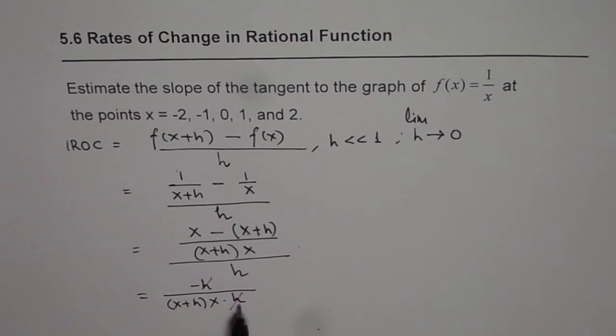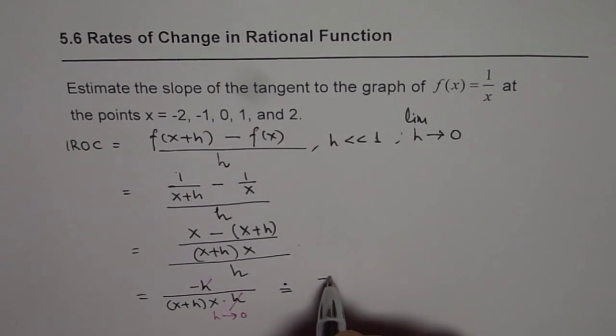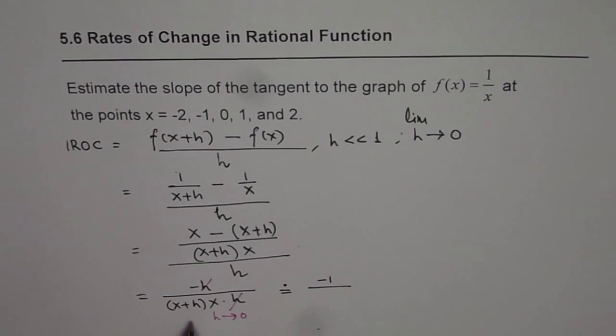Now, since we have cancelled out h, and we know h approaches 0, it is very small, we can estimate this instantaneous rate of change as equal to -1 over x plus 0 times x, which is x squared. You see that?